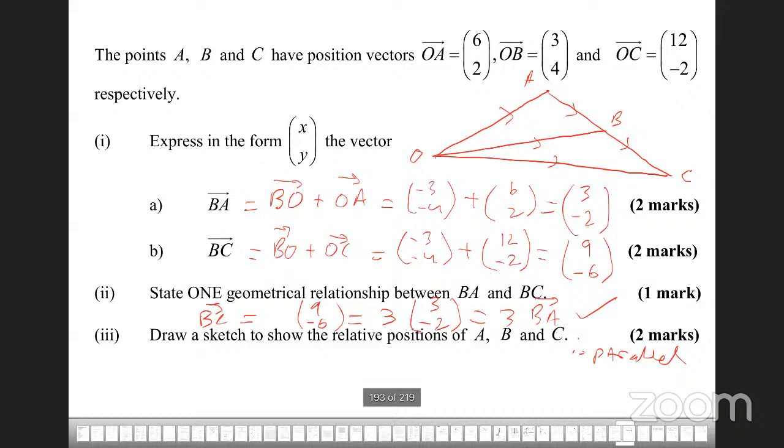The question didn't ask, but I just want to see, right? Find AC. AC will be AO, which is -6, 2, plus OC, 12, -2. So that's 6, -4.